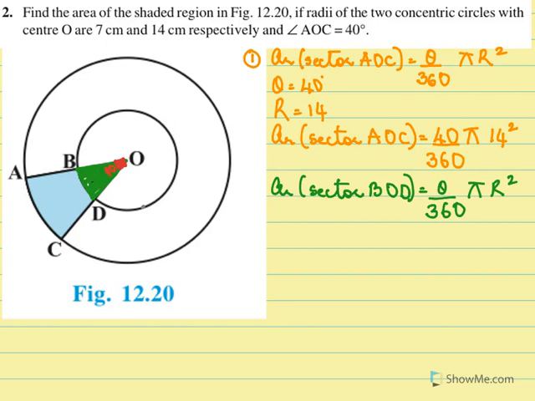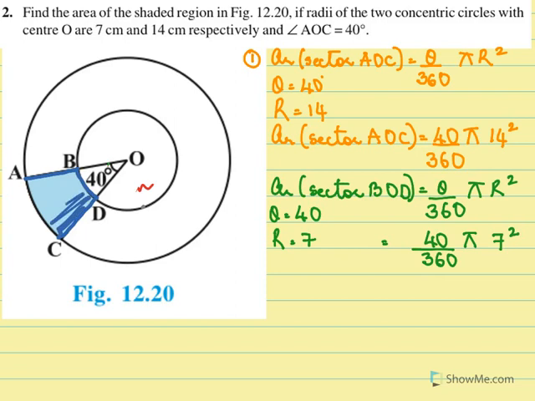This will be 40, and the radius here they said is 7. So for the other sector we take theta 40 and the radius here is 7. So let's put the values. So we have 40 over 360, the pi we keep here r square. I'm not going to calculate the values, but see how we can do it in an easier manner. So now we got to find the area of the shaded region. This is the shaded region, the area of which we need to find out.